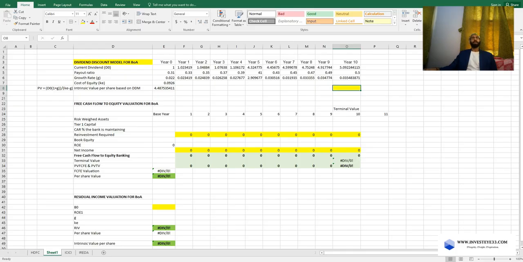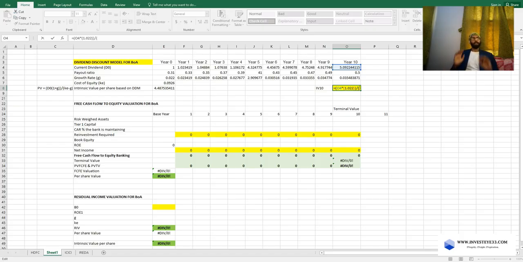You can see here, let me write it intrinsic value 10. Year 10, what is the intrinsic value? This will be calculated as dividend in year 10 multiplied by 1.022, the perpetual growth factor of 2.2%, because now the payout ratios have stabilized, divided by the cost of equity.